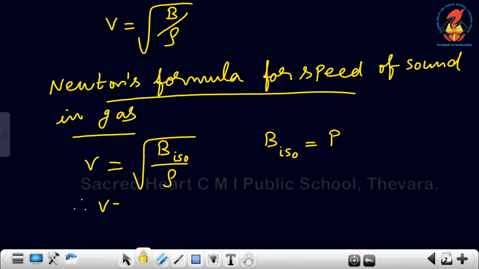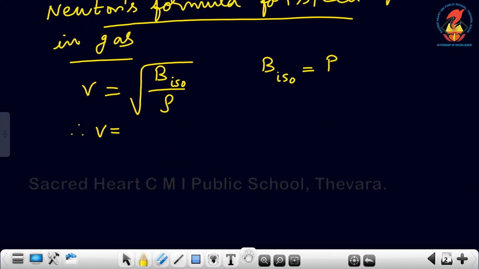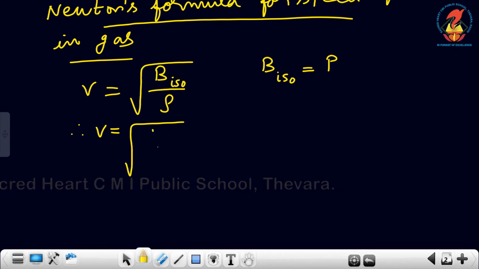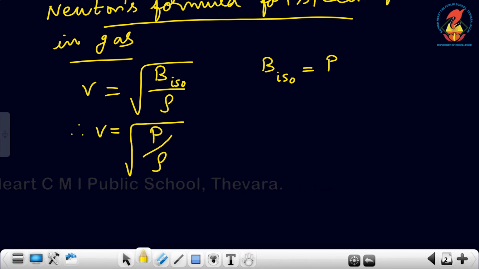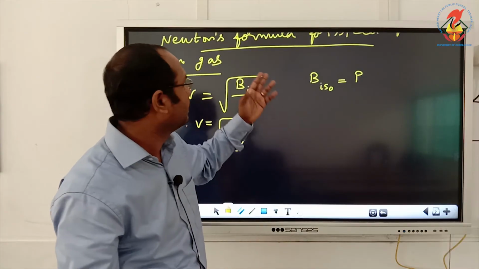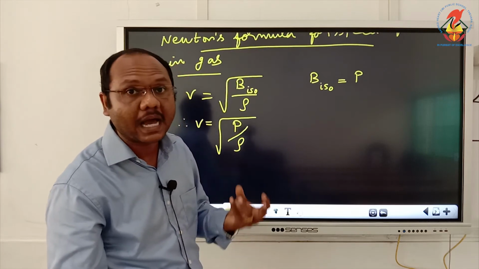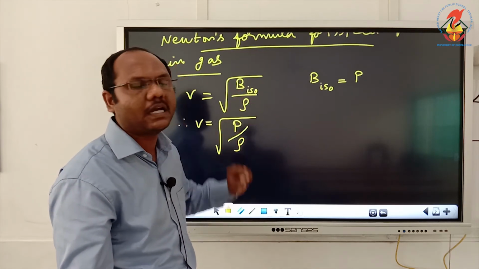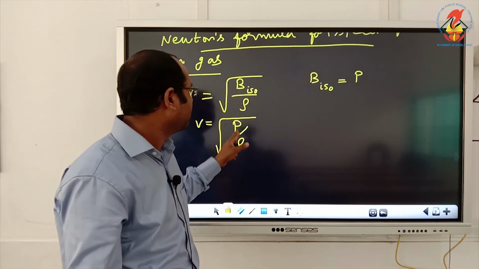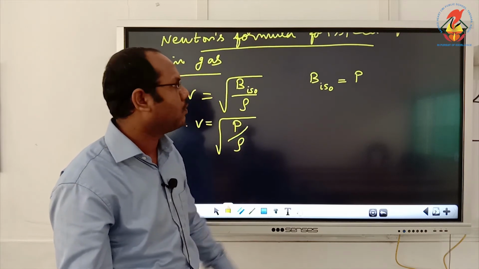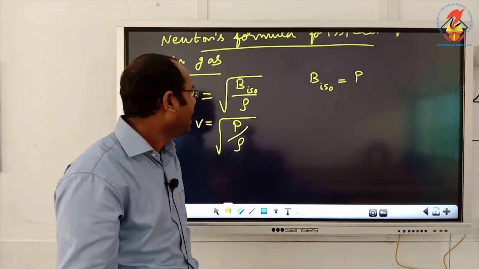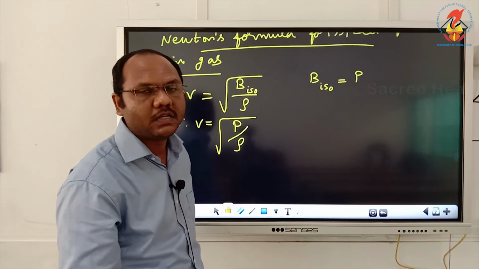Therefore, he wrote V is equal to root of P by rho. This was the expression that he modified. The original equation is root of B by rho, and since he told the process is isothermal, he wrote B isothermal by rho. B isothermal is found to be P, so V is root of P by rho.